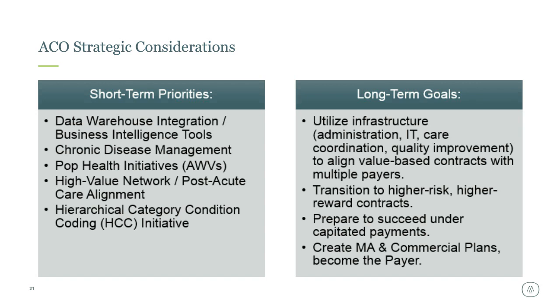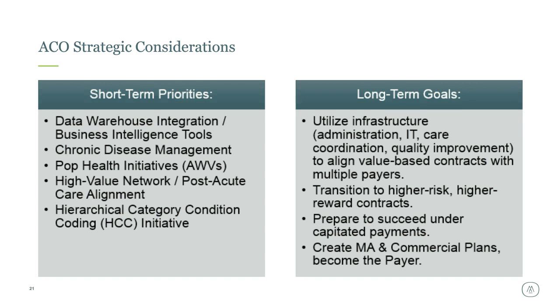The thing I do think makes sense for everyone is to create an infrastructure that you can then use across your entire patient population and be efficient with that infrastructure. So this is just a starting point.